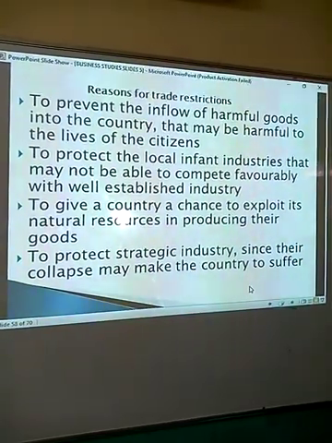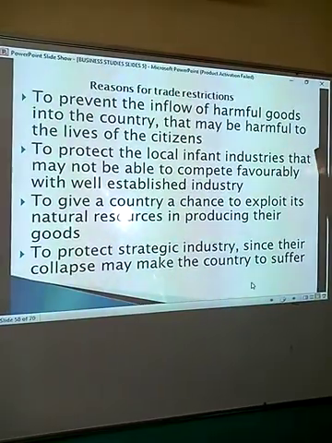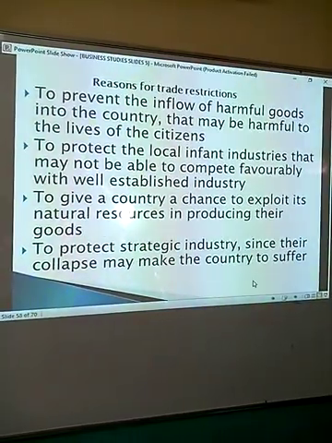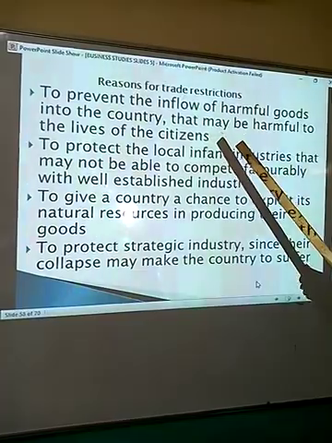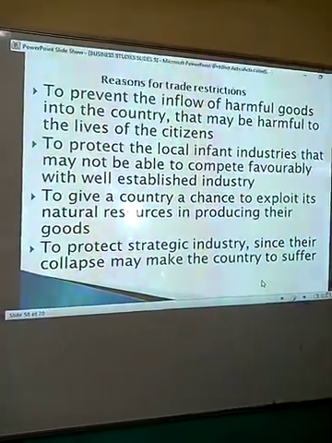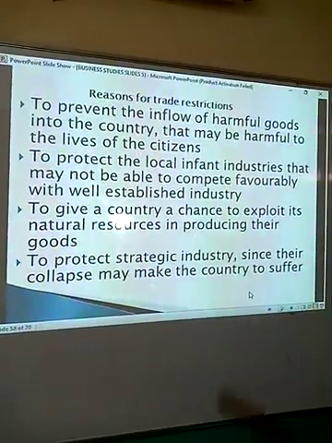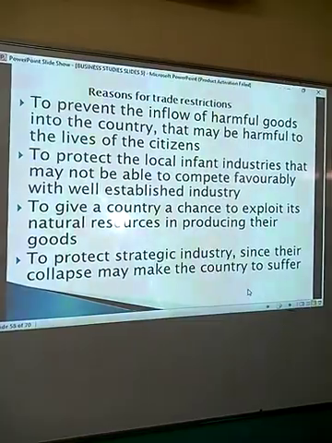Number one, the government can come up with protectionism measures to prevent the inflow of harmful goods into the country, goods that may be harmful to the lives of the citizens.